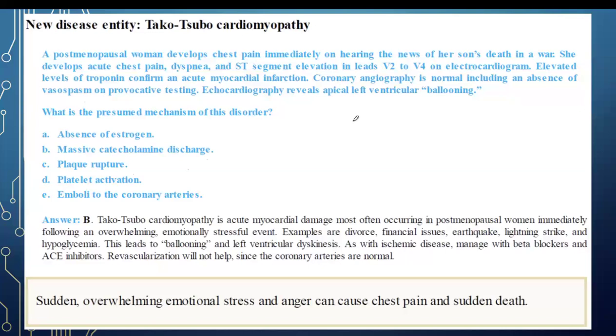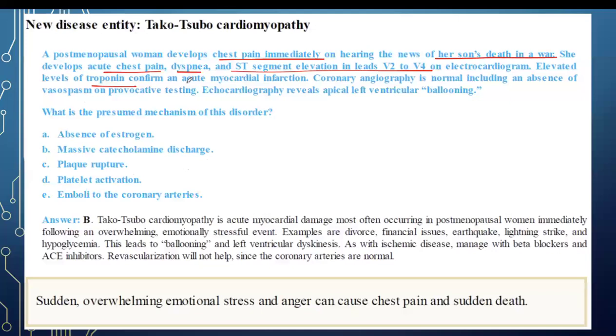Now there is a condition called Takotsubo cardiomyopathy. A postmenopausal woman develops chest pain immediately on hearing the news of her son's death in a war. She develops acute chest pain and dyspnea, with ST elevation in V2 to V4 on an ECG.